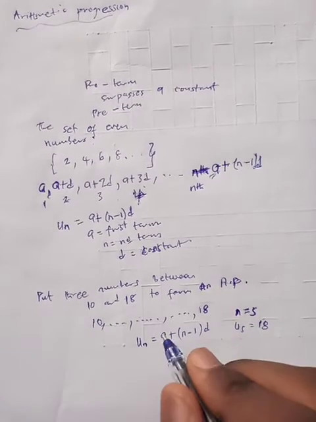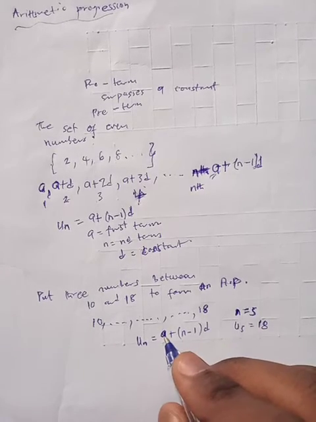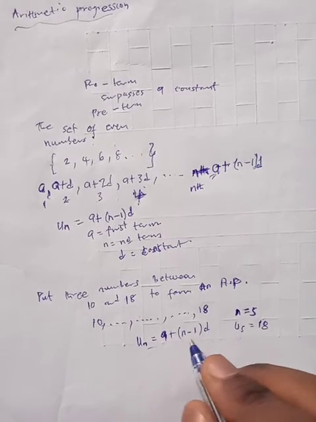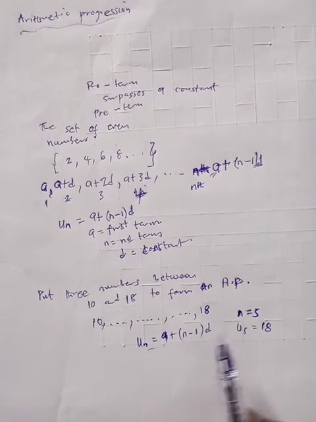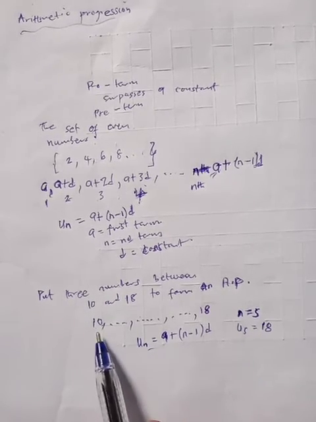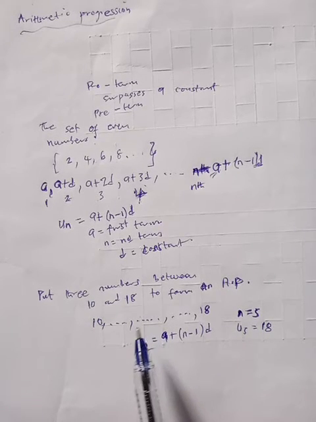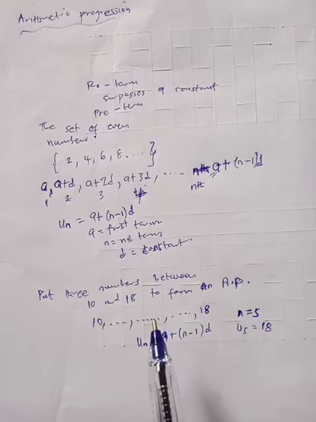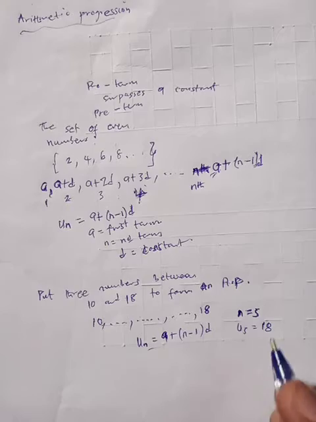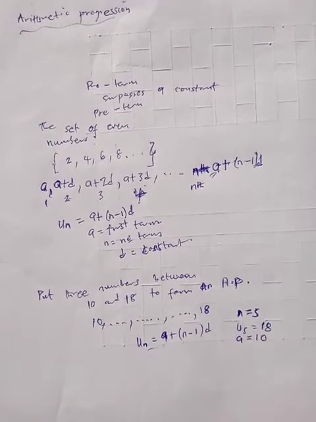Then let's look at a. So a is the first term in this our equation. A denotes the first term. So which of these numbers is the first term? Is it those to be found or those which are already there? Yes, those which are already there, and it is the 10. The 10 is the first term. Of course, a will be equal to 10.